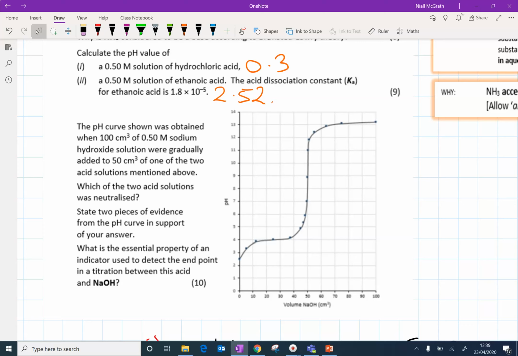From our graph, which is volume of sodium hydroxide versus pH, at the start we have no sodium hydroxide, so this here at 0 is just the acid, and we can see that our starting pH is about 2.5. So that means that our acid is the ethanoic acid. Our starting pH is 2.52, so this is ethanoic acid that is being neutralised.